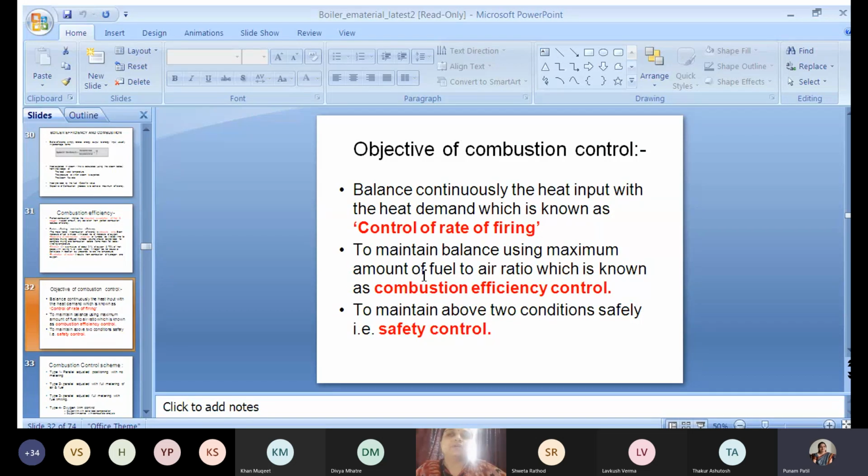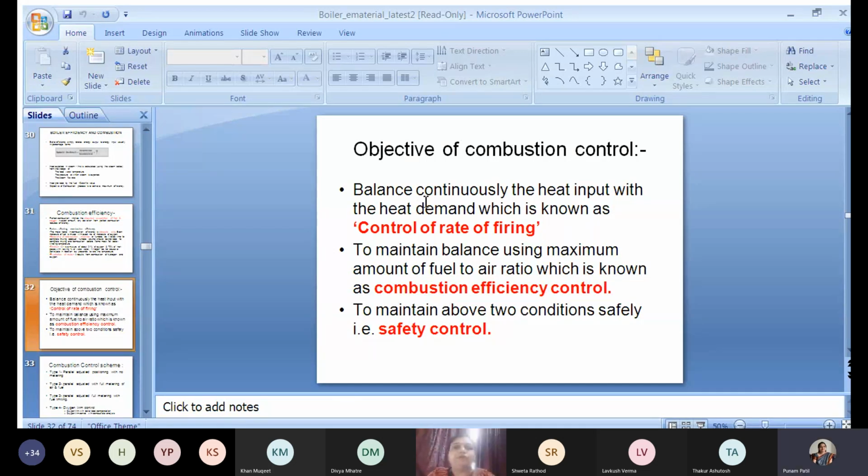Second objective is control the combustion efficiency. Just now we studied the combustion efficiency. So if you want to control the combustion efficiency, we need to take those 4 factors into consideration and apply the control scheme to maintain the balance using maximum amount of fuel to air ratio, which is known as combustion efficiency. And third is safety.